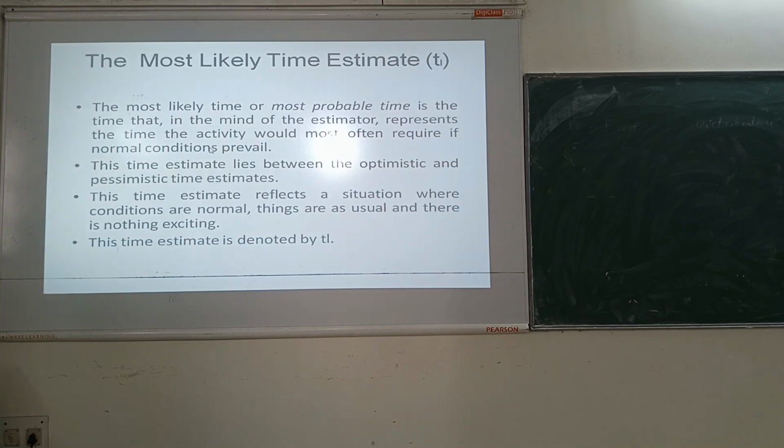The most likely time is the time considering all the possibilities which has the maximum chance to happen. That is why the frequency distribution is highest at the most likely time, denoted by TL.